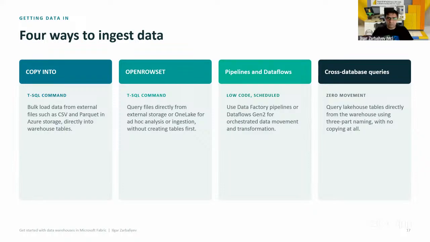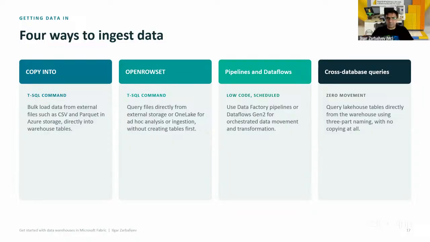You have a warehouse and now you need data in it. There are four main routes, and choosing the right one saves you a lot of work. COPY INTO is your bulk loader. It loads data from external files, typically CSV or Parquet, sitting in Azure storage, straight into warehouse tables. If you have a nightly drop of files, this is your command.